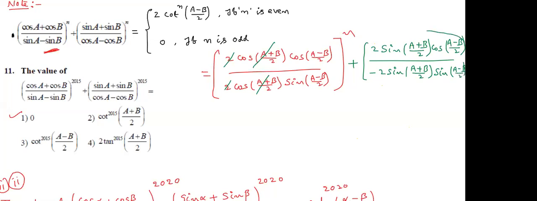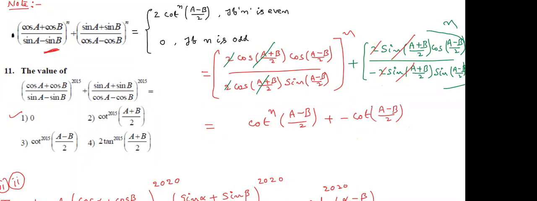And whole power n is there, or not? Whole power n. Here these two terms cancel and the 2 also cancels. Remaining is cos by sin, cot power n of (A minus B) by 2, plus here minus cot (A minus B) by 2 whole power n. That means here we get minus 1 whole power n into cot power n of (A minus B) by 2.